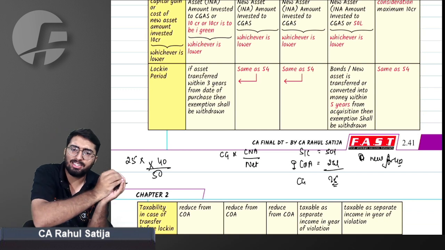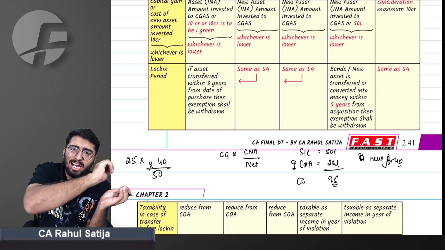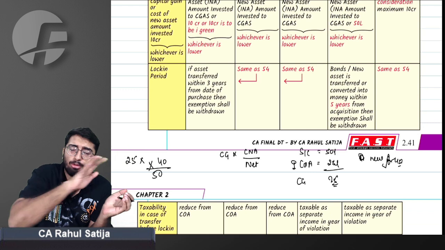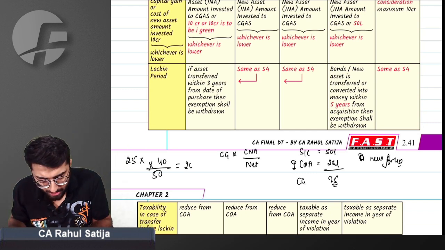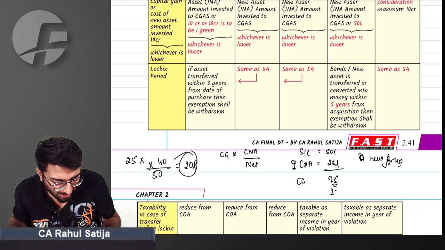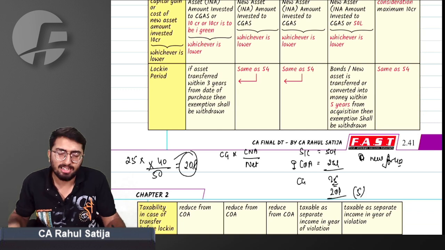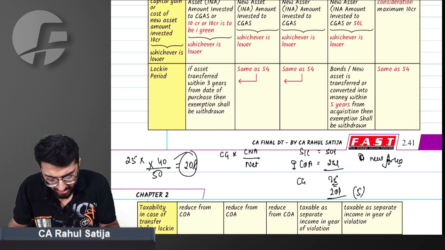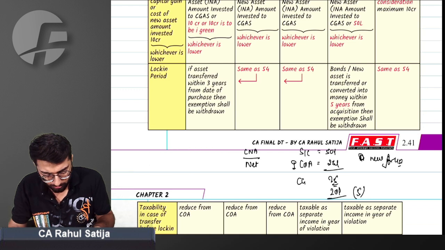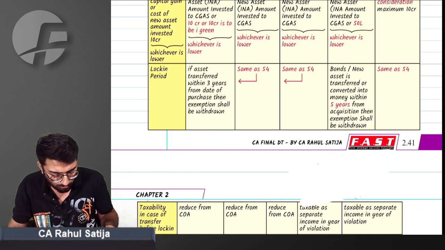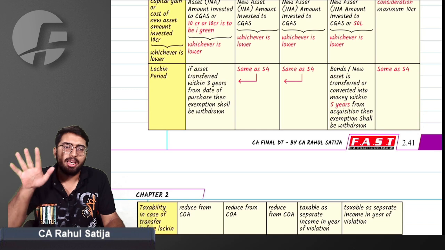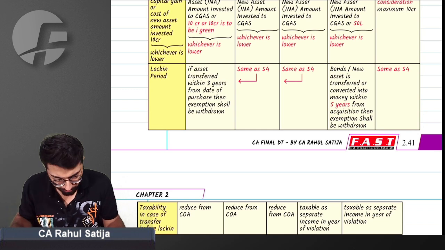That means out of net consideration of 50 lakh rupees, you are using 40 lakh to acquire the new asset. So in that proportion only we will be exempting this capital gain. So your exemption will be 20 lakh rupees, and the taxable amount will be 5 lakh rupees. Did you get this point or not? Yes, sir, we understood this point.